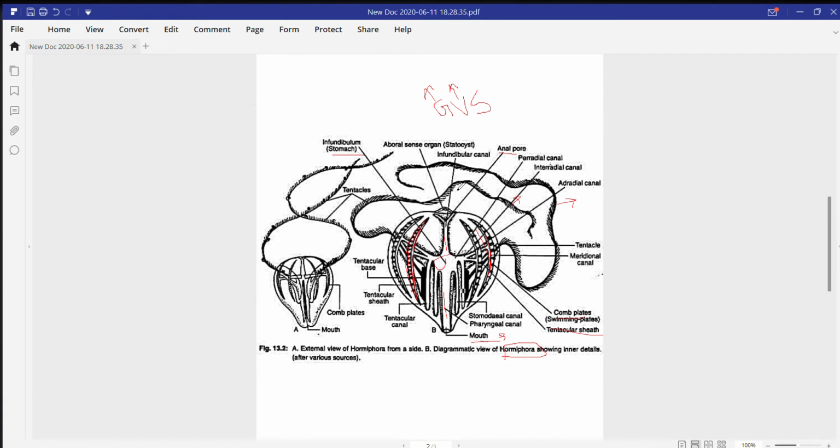Next important is the aboral sense organ, that is the statocyst. The statocyst has a function in maintaining the equilibrium of the body, so they can easily float in the water. They swim by balancing their body.